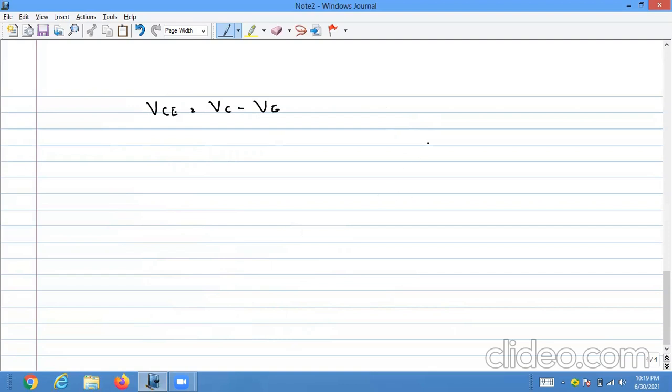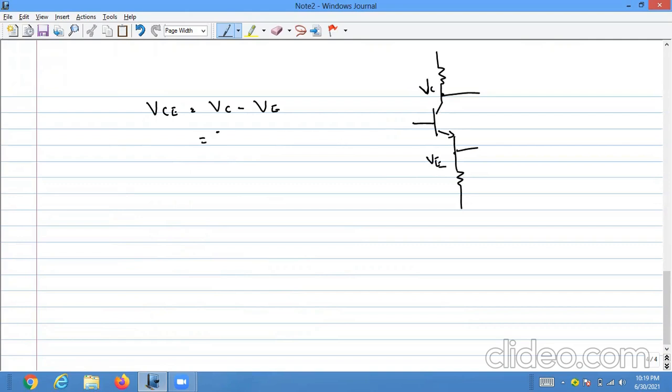We can also analyze the circuit. Here this point voltage is VC and this point voltage is VE. So VCE means the difference between these two voltages, VC minus VE.